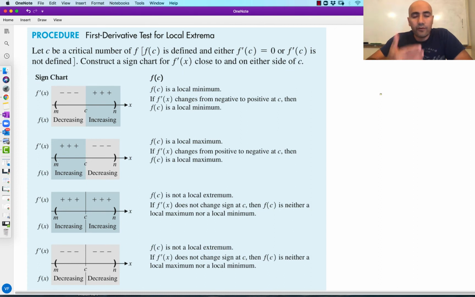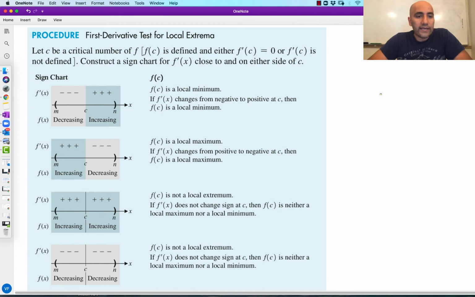We take the derivative, we figure out all the places where the derivative equals 0 or the places where the derivative is undefined, and now we take those values and we come back and confirm that they are in the domain of f. The values that are in the domain of f are then upgraded to become critical numbers.